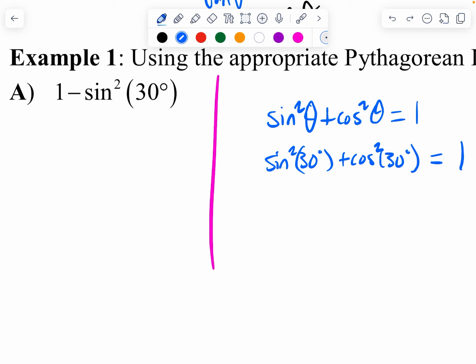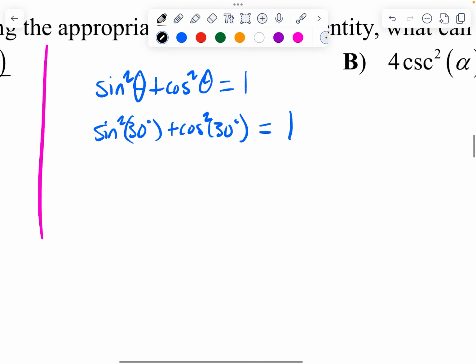All right, so now let's do a substitution. My goal is getting 1 minus sine squared. What does 1 minus sine squared equal with a Pythagorean identity? Well, my goal is 1 minus sine squared, so I need to get my 1. It's there, it's alone, but we need to have a sine squared with it, so I'm going to subtract sine squared.